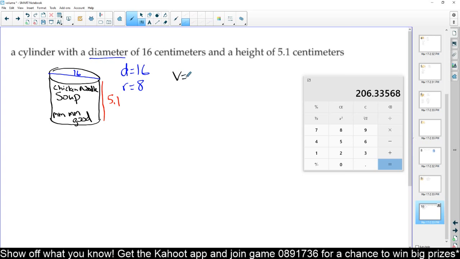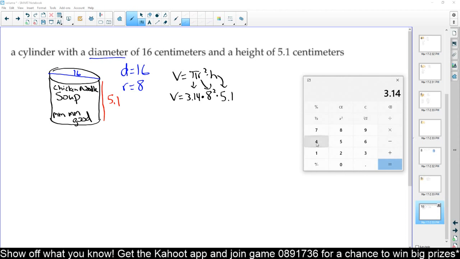Okay. And then we just say volume equals pi r squared times the height. We substitute our numbers. So 3.14 times, what do we got? 8 squared times the height, which we said was 5.1. There it is. And then we just have to multiply it all together.